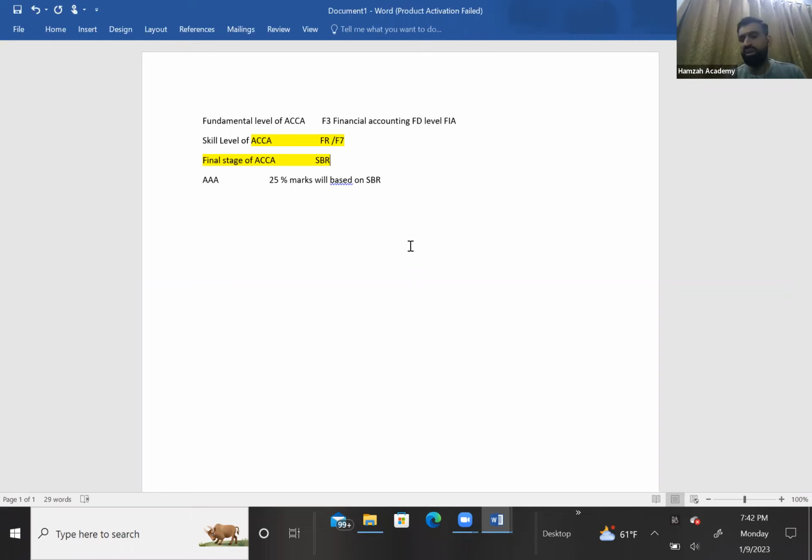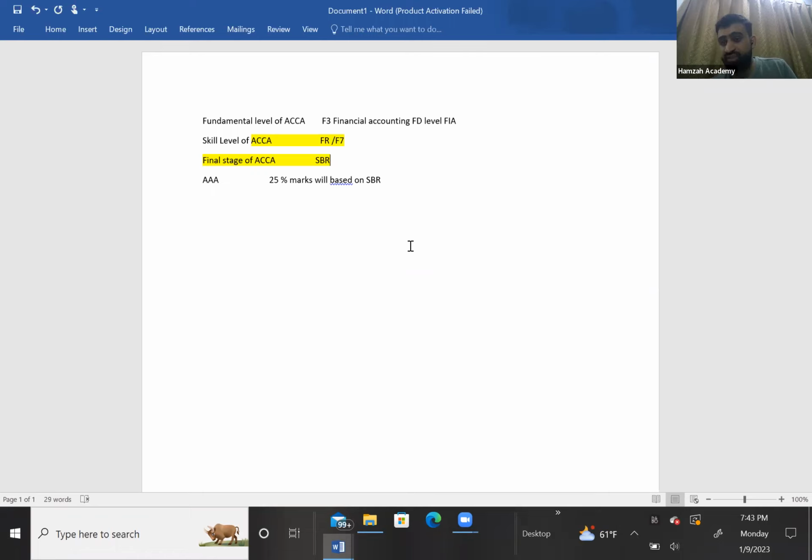For example, first of all, at FR level, you have OT questions, OT case studies, multiple choice questions, filling in the blanks, and such types of questions. In MCQs, we also have a number of questions which are numeric based, normally called calculation based questions.